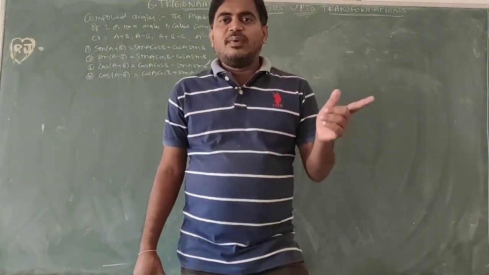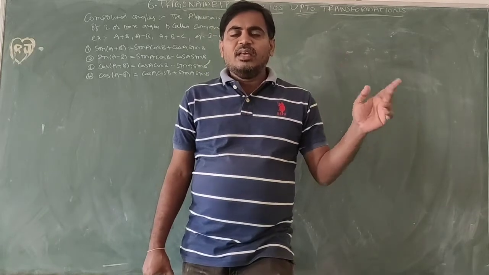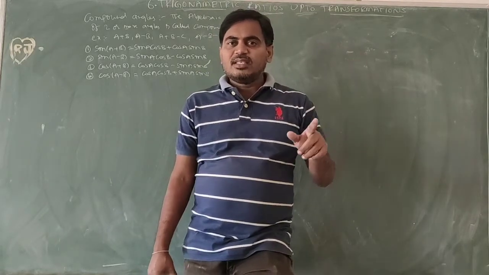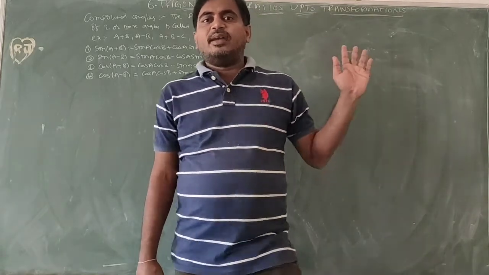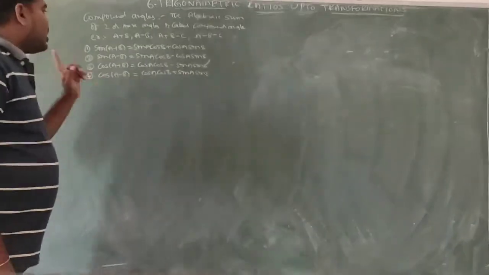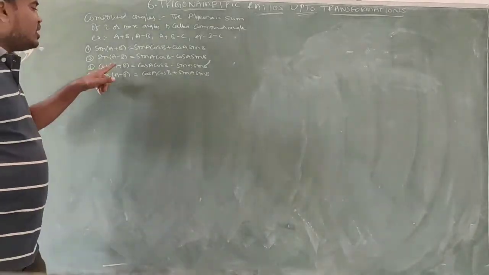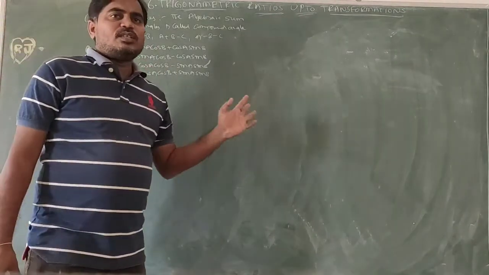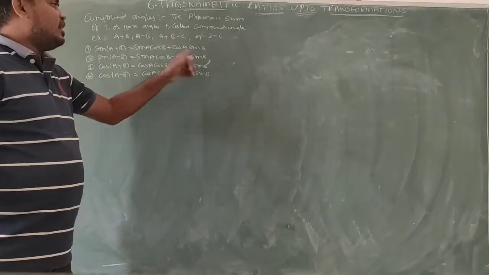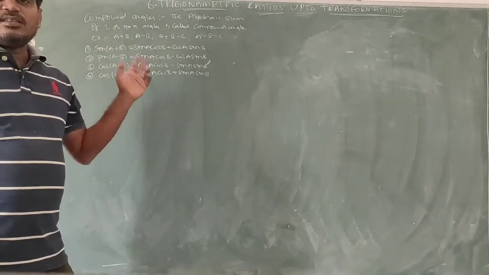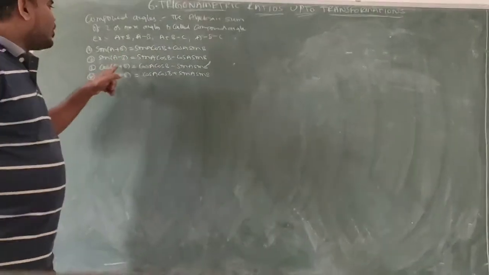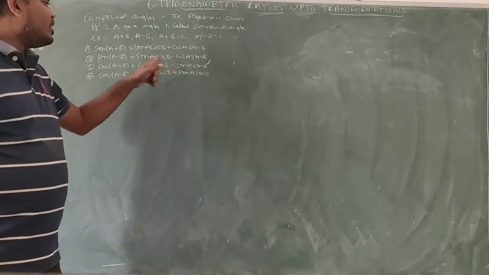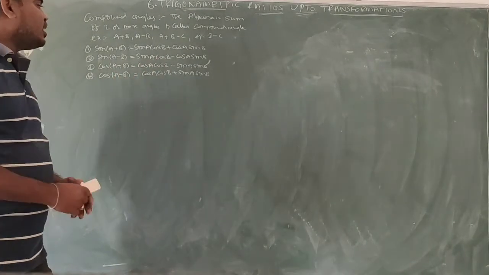Sin of A plus B has middle plus, sin of A minus B has middle minus. Okay, cos of A plus B, cos of A minus B. In this combination, we take both cos and both sin: cos A cos B, sin A sin B. If it is plus in the middle, we take minus. Minus in the middle, we take plus.